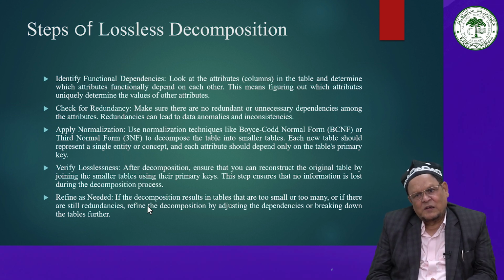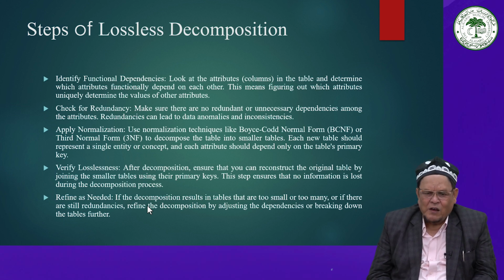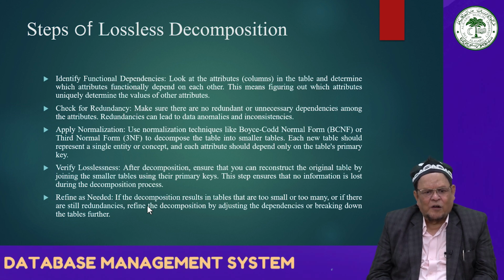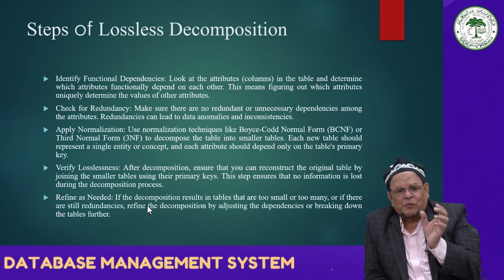In the previous lecture, I discussed normalization in detail by giving some suitable examples. You have to go through that, and then you have to verify the losslessness. After decomposition, ensure that you can reconstruct the original table by joining the smaller tables using a primary key.